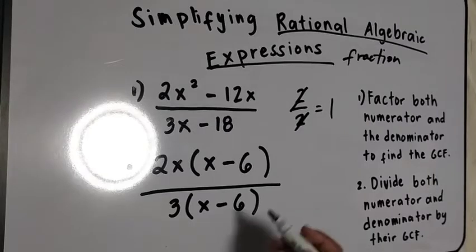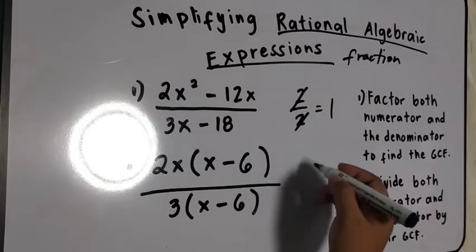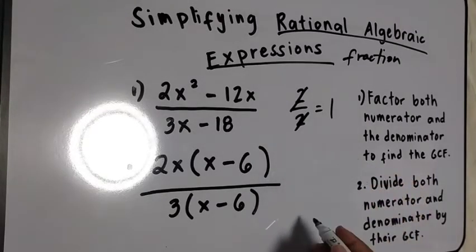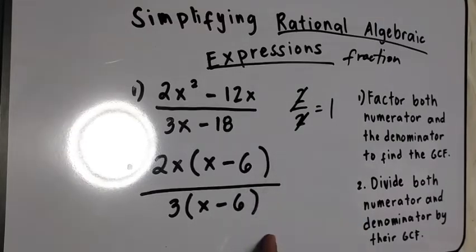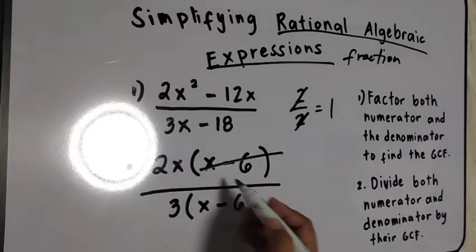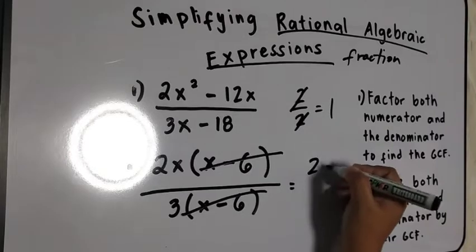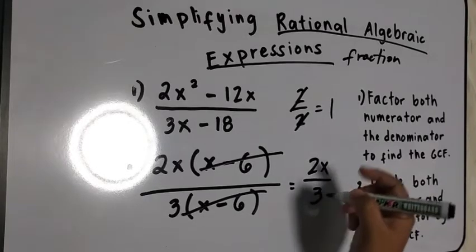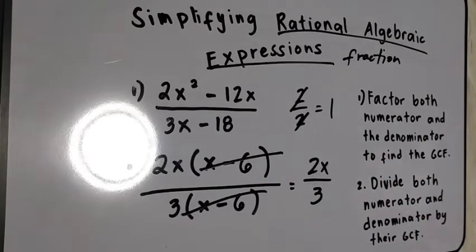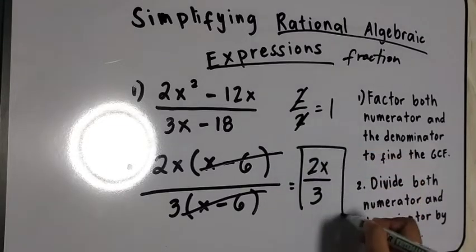Kasi pareho yan, i-divide natin by x minus 6. Pero yung shortest way, once na meron ka ng common factor sa both numerator and denominator, then you can cancel them, kasi magiging equal yan sa 1. Therefore, ang natira na lang is 2x over 3. Now, may common factor pa ba to? Or pwede pa bang ma-divide? Hindi na, diba? So, this is now the answer.